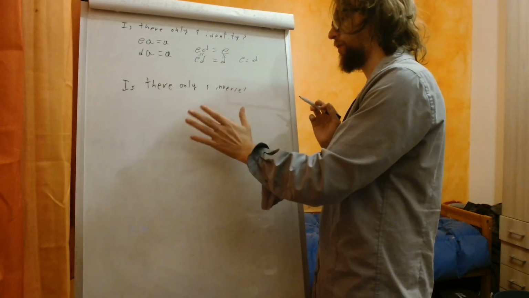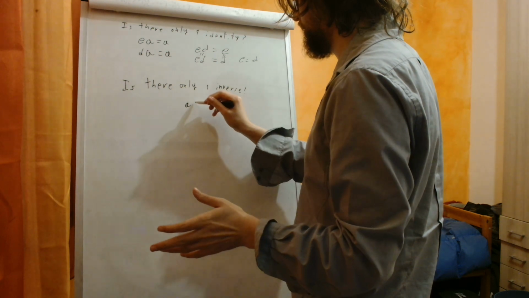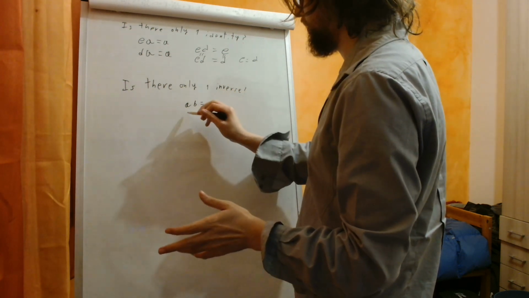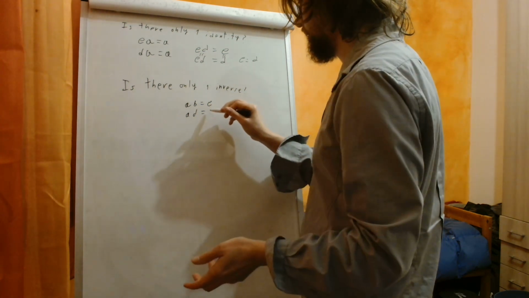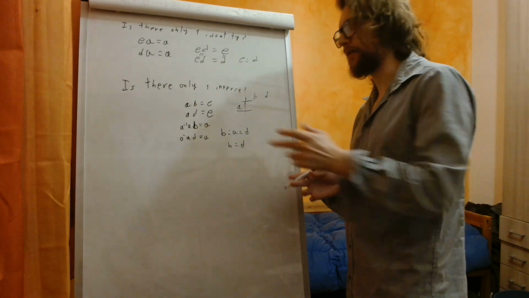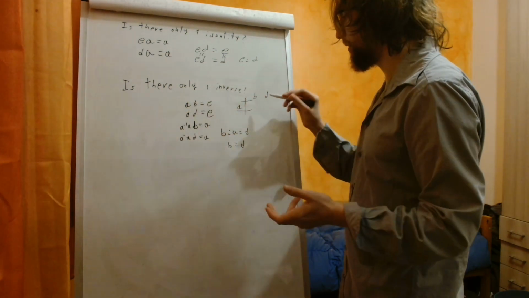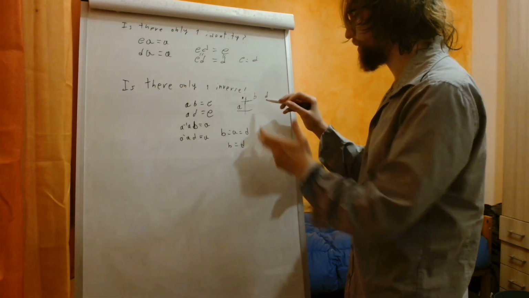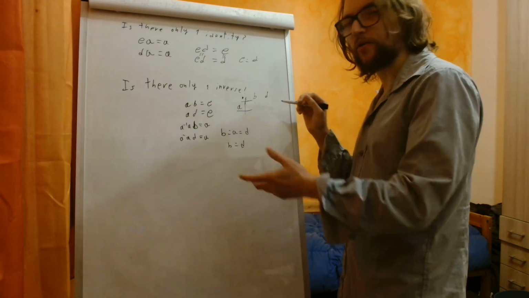And also, is there only one inverse? If A times B equals E, is there any other element D such that A times D equals E? Well, this is one case of the property we have seen before, for which you can't have the same element twice in the operation table in the same row.